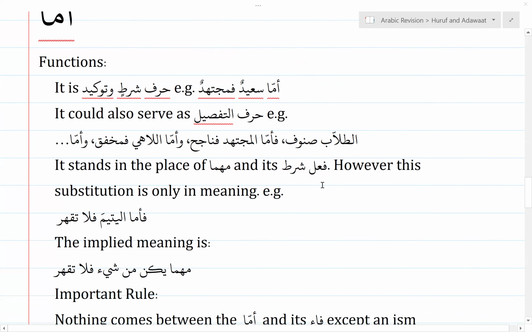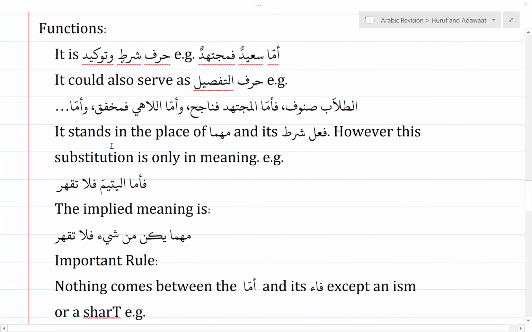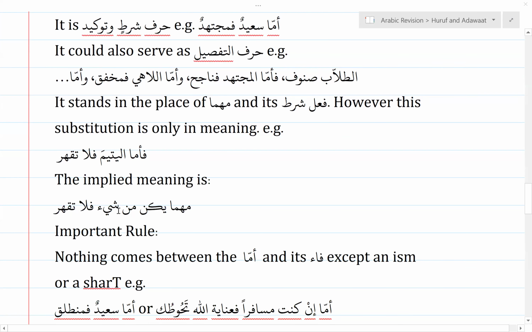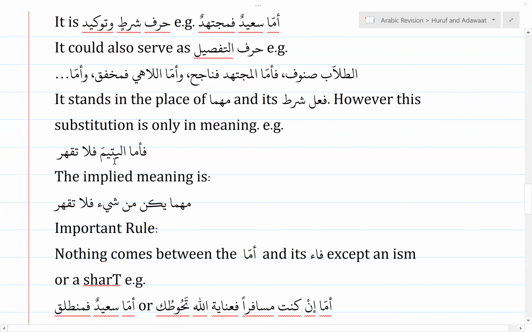Now, they sometimes say that in meaning, not in lafd, but in meaning, it stands in the place of mahma, which is another adatu shart. So it comes in the place of mahma and its fi'al shart. However, this substitution is only in meaning. For example, in the Quran it says, فَأَمَّا الْيَتِيمَ فَلَا تَقْهَرْ. As for the orphan, then do not harm them.